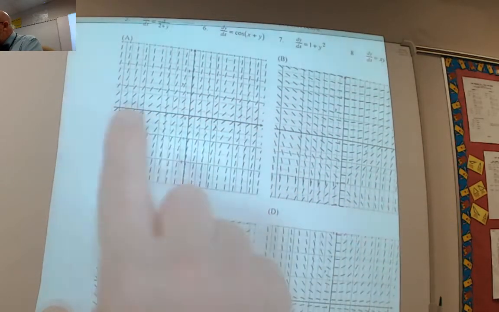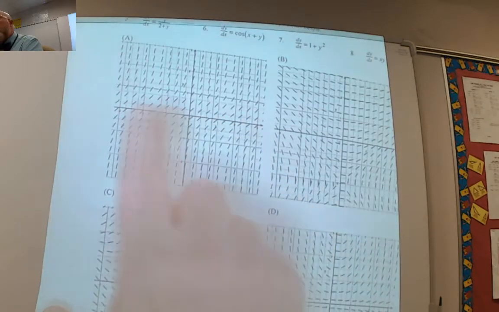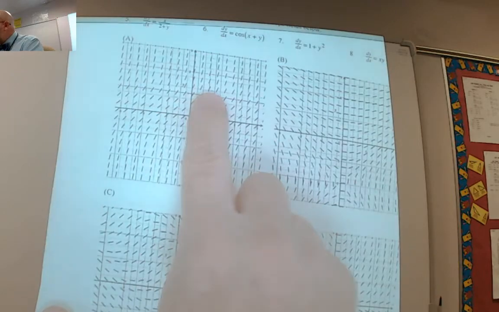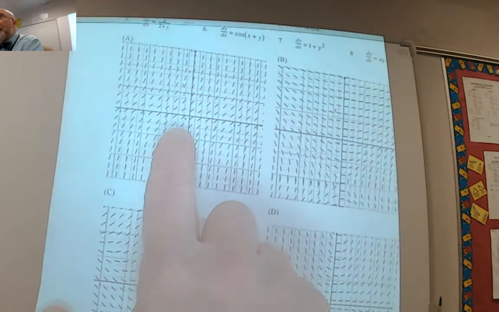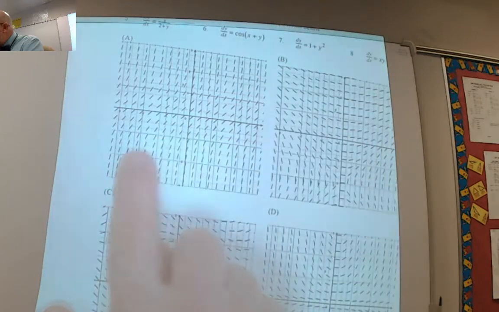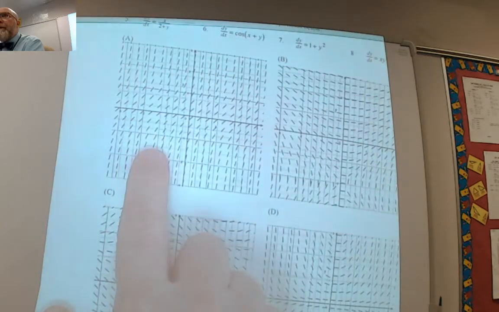They're all the same. Do you see that? So number 7 should be A. Here's another way I know. The slopes are always positive, aren't they? Aren't those slopes all positive? Don't they point up towards the right?